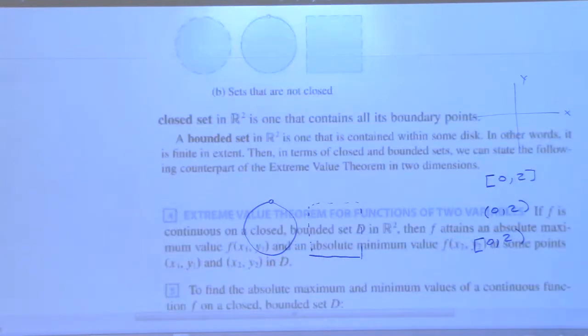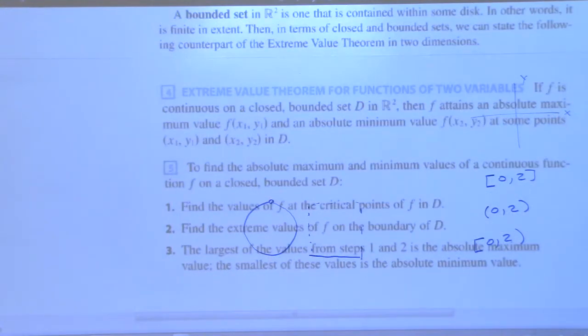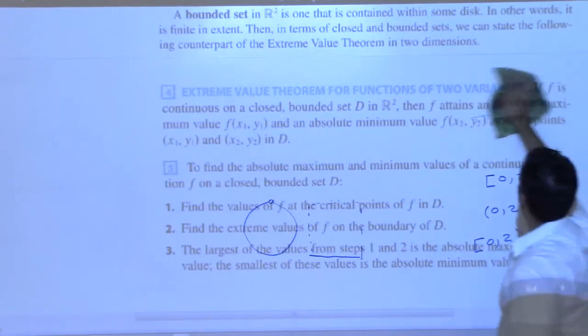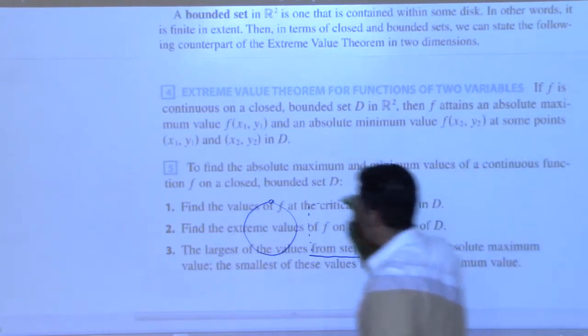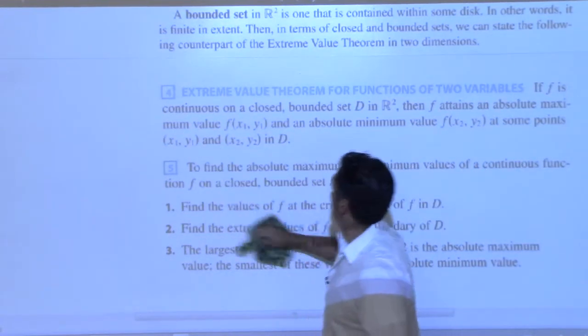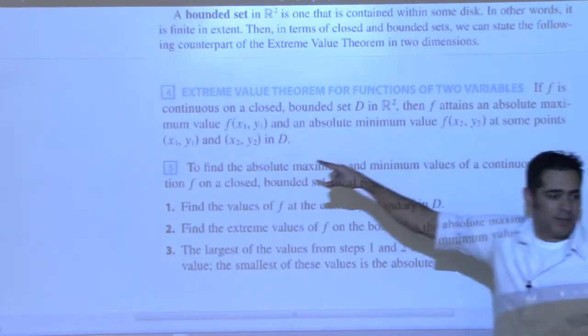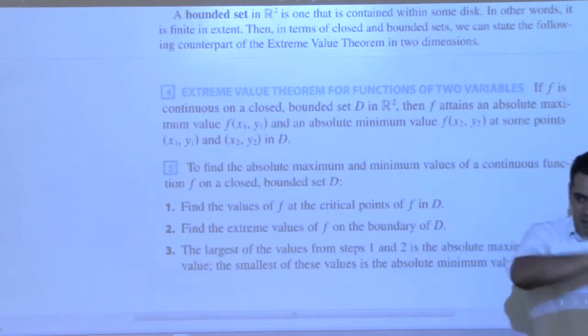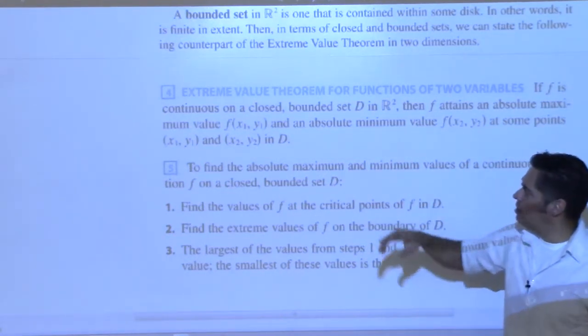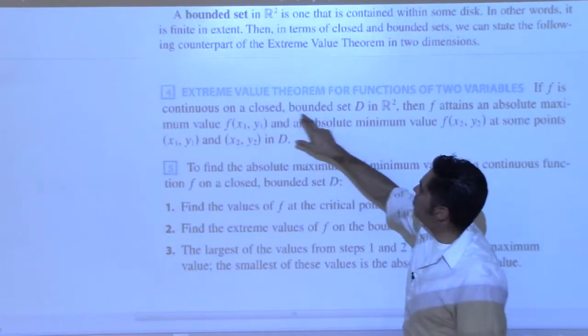Okay, so now we have a theorem. This is very similar to the theorem we had in Cal 1. It says that if you have a function, f, that is continuous, so again, it's no jumps or breaks or holes, if it's continuous on a closed bounded set.